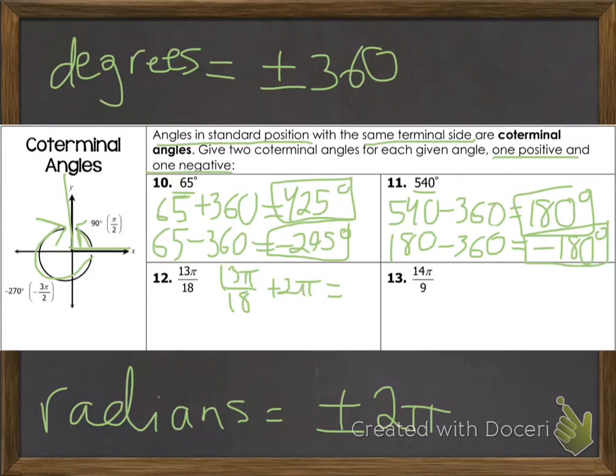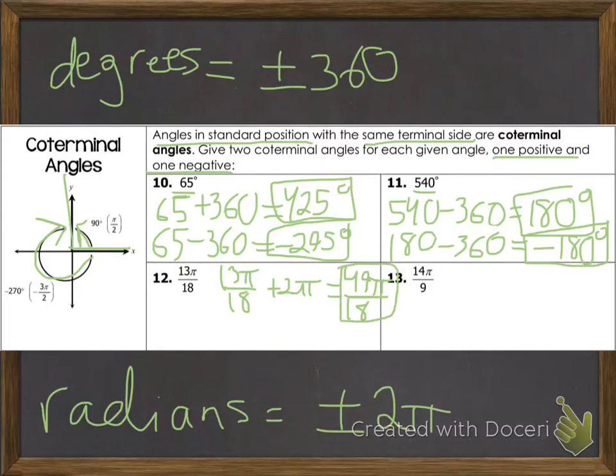And then when you do that, you're going to end up getting 49 over 18. And now we have to worry about the pi, so just tack it in right there next to the 49. So that's how you would go about doing this. You would just go ahead and add the numbers together first, and then add the pi at the end. So this would be a positive coterminal angle, 49 pi over 18.